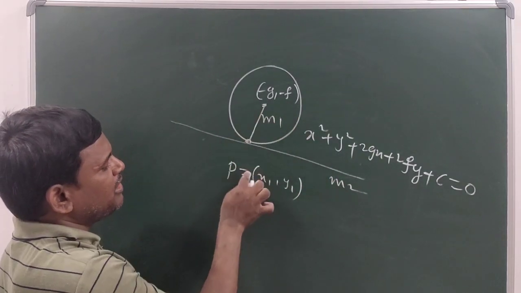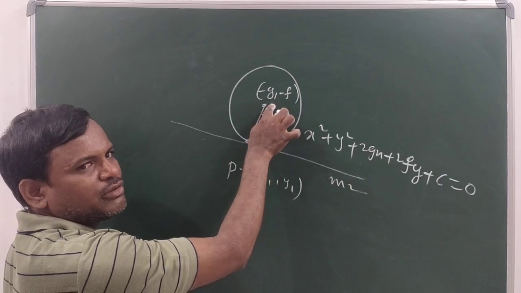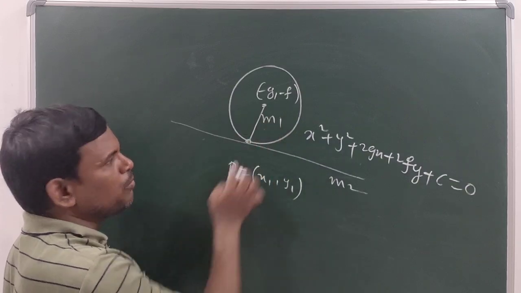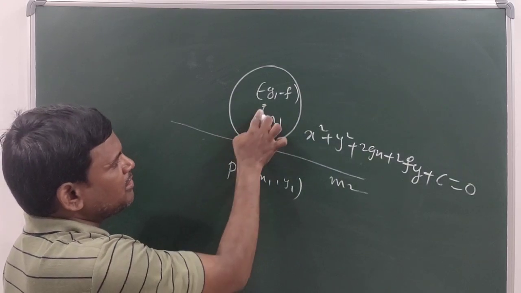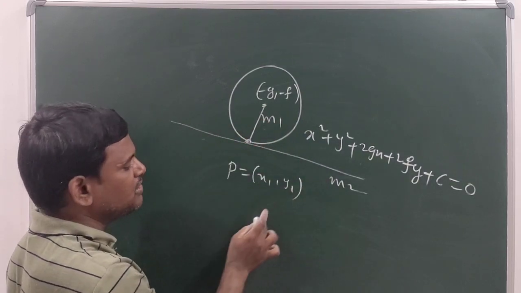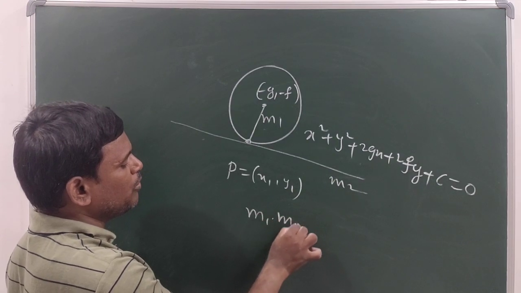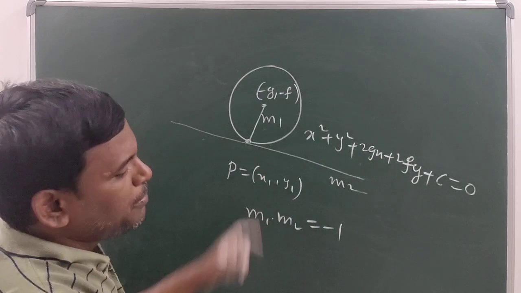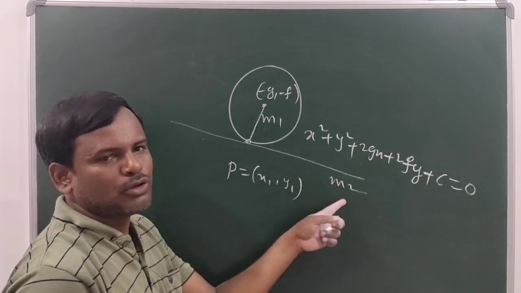Since the two points are known, you can find m1, the slope of this radius, and as it makes 90 degrees with the tangent, by applying m1 into m2 equal to minus 1 you will get the tangent slope. So apply the point slope form after getting the slope of the tangent.